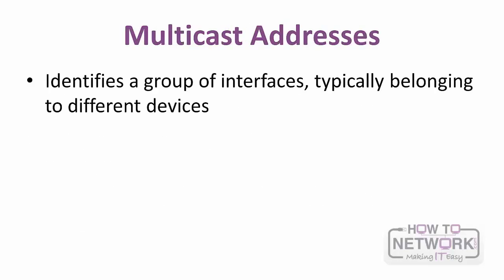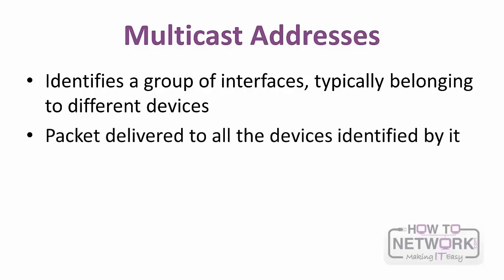A multicast address identifies a group of interfaces, typically belonging to different devices. A packet sent to a multicast address is delivered to all the devices identified by that address. All members of the multicast group process the packet.